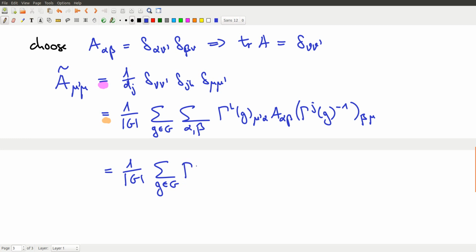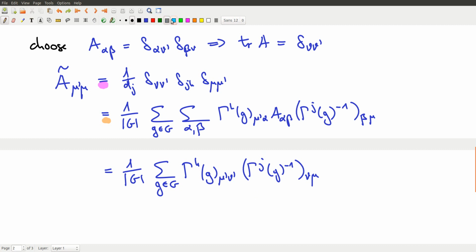Now we get gamma k of G mu prime, and the alpha is fixed to nu prime. That's what we see up here. And then we have gamma j of G inverse, and the beta is fixed to nu, so we have mu here. That's what this Kronecker delta here does.